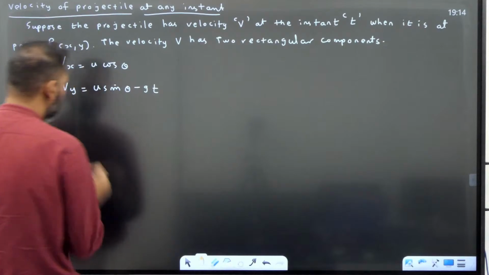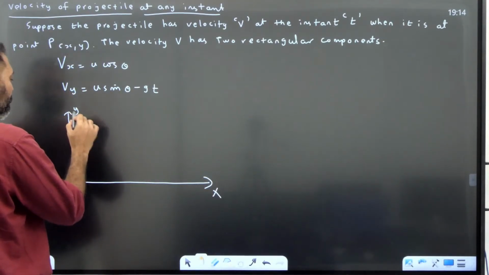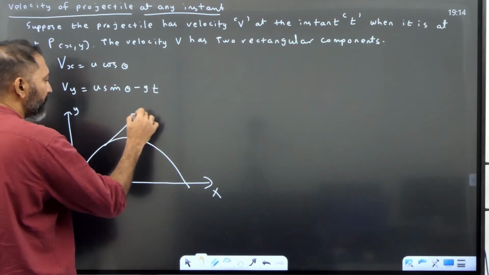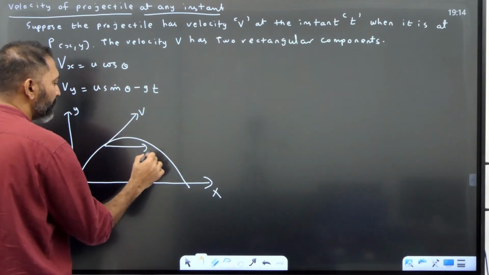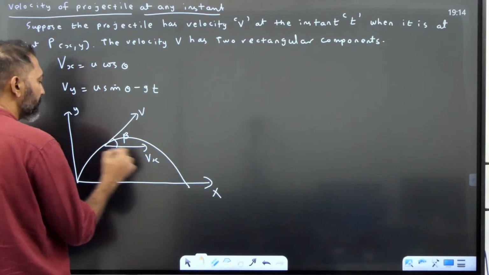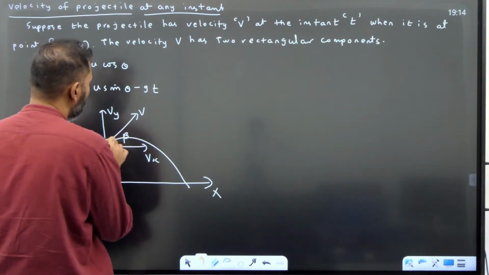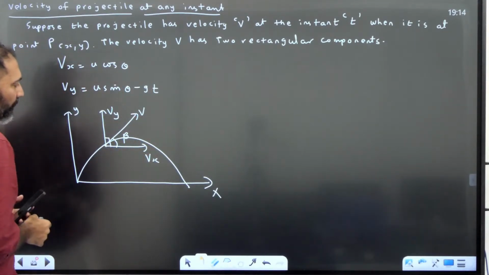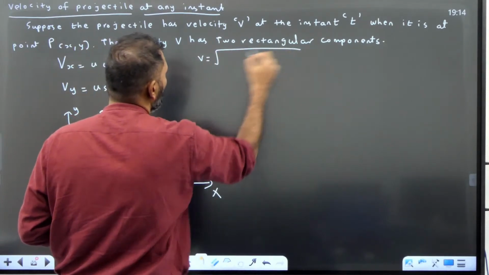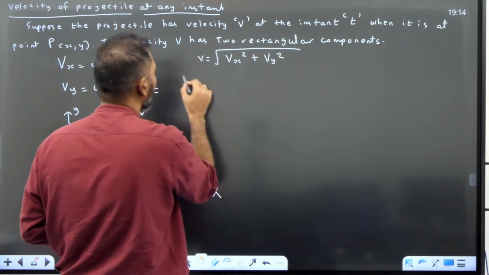Now remember the figure of projectile. I hope all of you remember that figure. Suppose this is the velocity v, making an angle beta with the horizontal component vx, and this is vy. We know that vx and vy are perpendicular. So what is the resultant velocity? V is equal to root of vx square plus vy square.